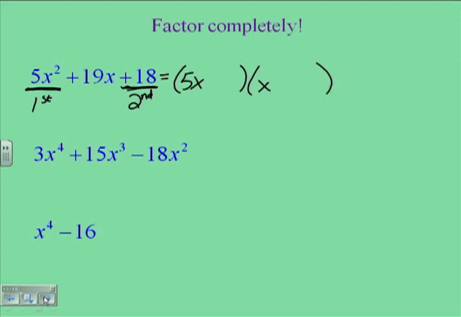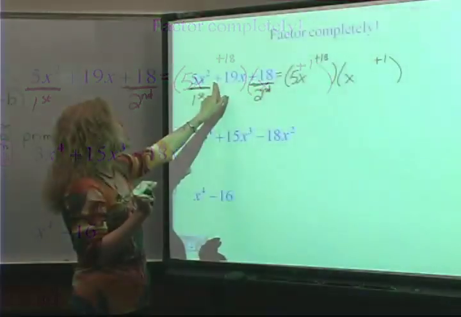Well, let's see here. How can I multiply and get an 18? I could have plus 18 and plus 1. I could really have negative 18 and negative 1. And some of you might be saying, ooh, that's it. Hang on.